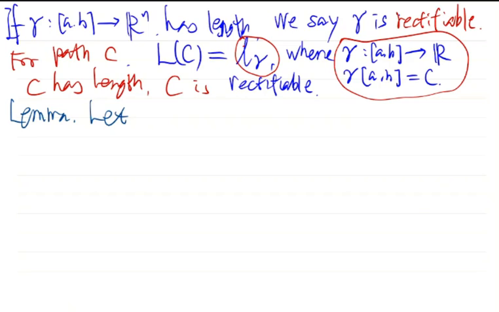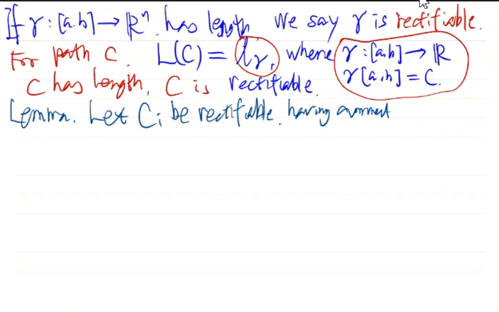Let Ci be rectifiable. C1, C2 are rectifiable, and they have a common endpoint, so that they can join together.